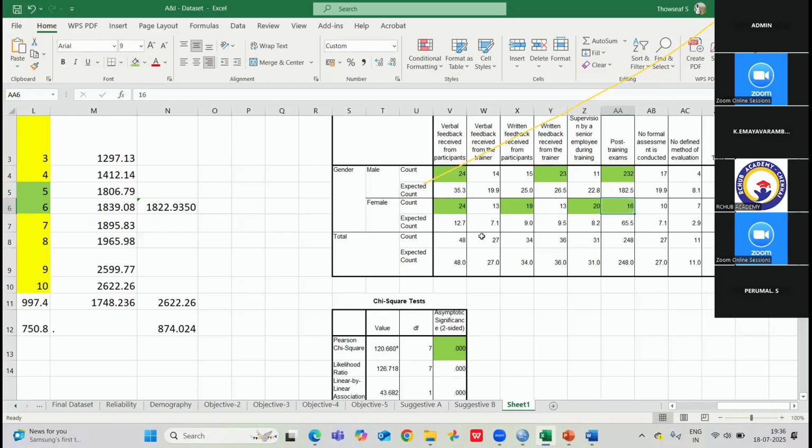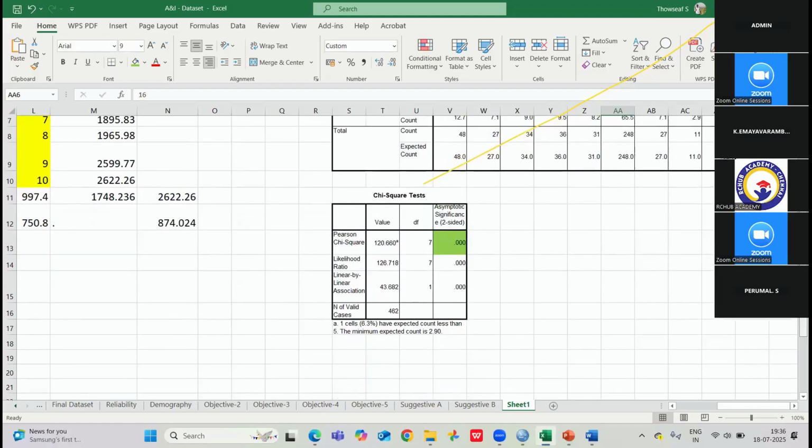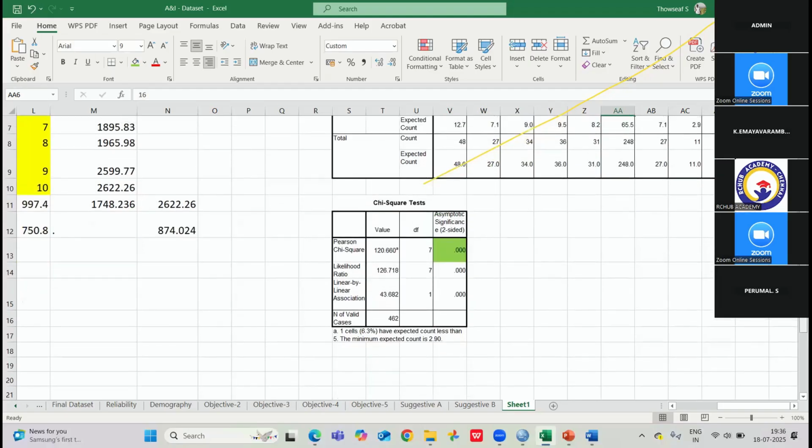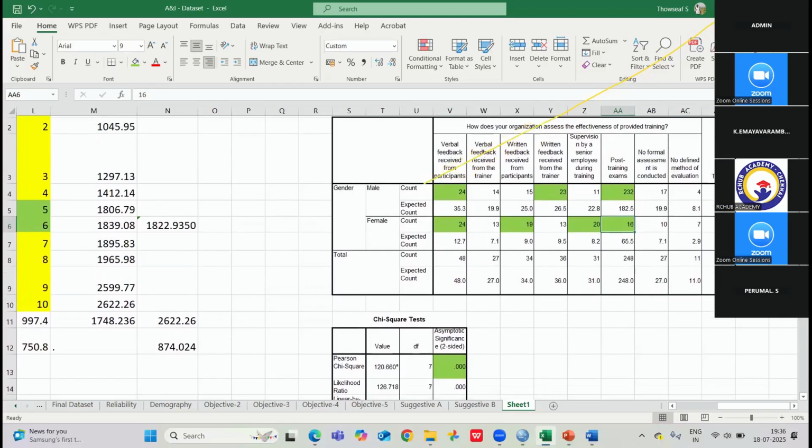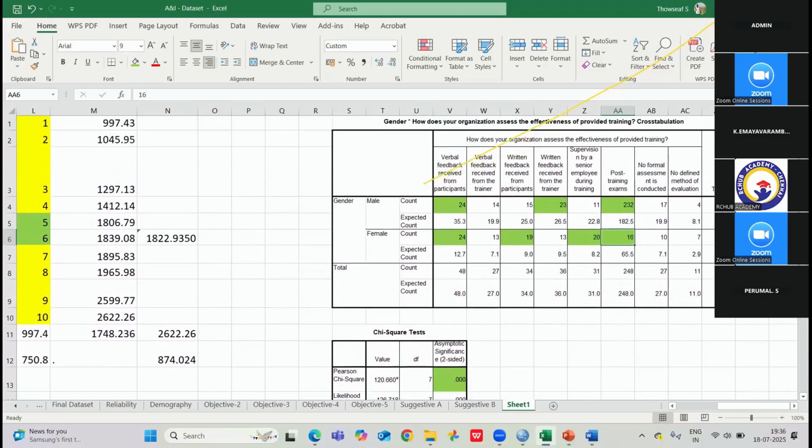You see, if you look very closely, for this particular population, this 340 as a population, the opinions almost resemble in value. So we can say that there is significant association between male and female opinion in measuring the effectiveness of the training.